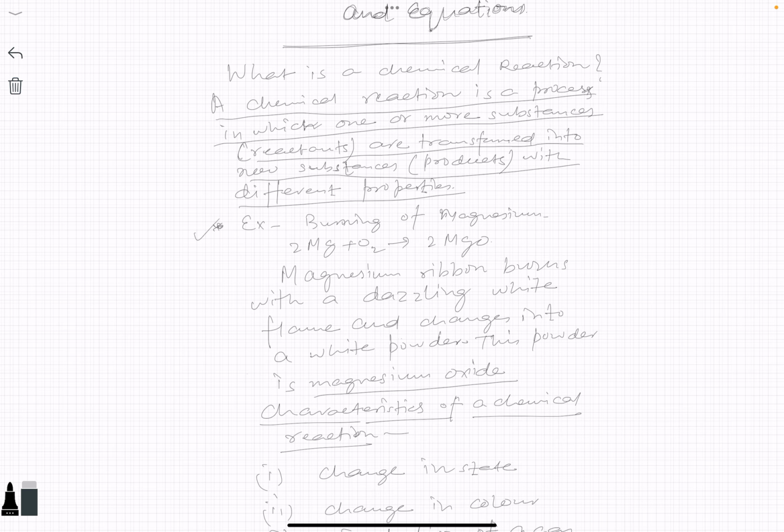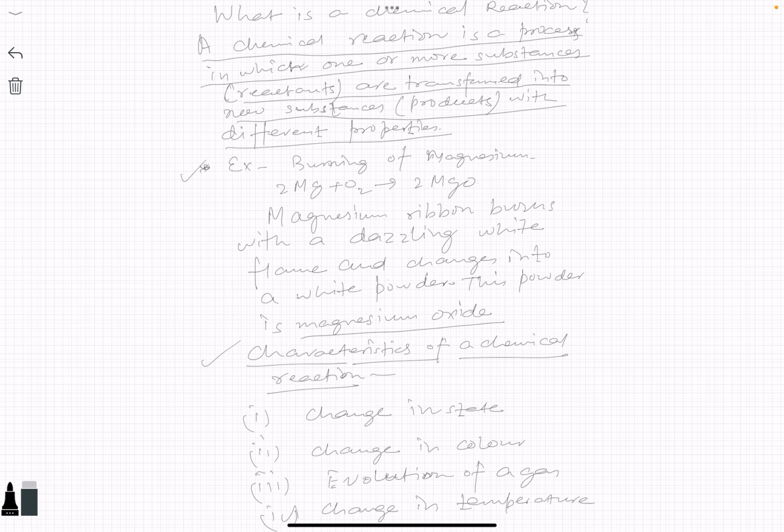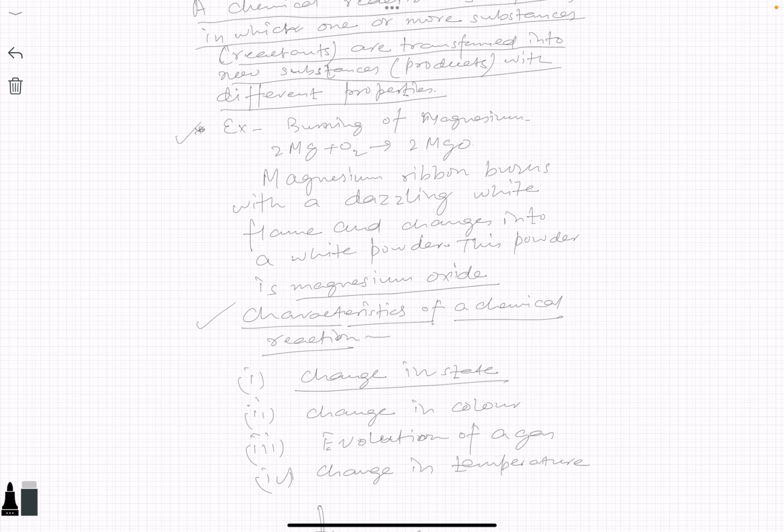Now we will discuss the characteristics of a chemical reaction. First characteristic, state is changed. Second, color is changed. Third, a gas is evolved. Fourth, change in temperature.